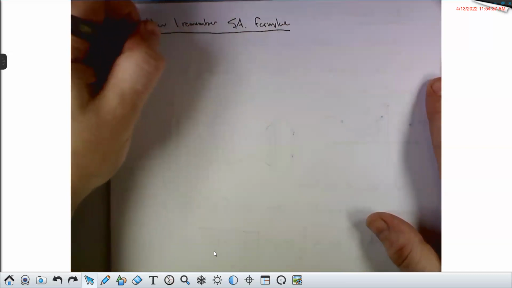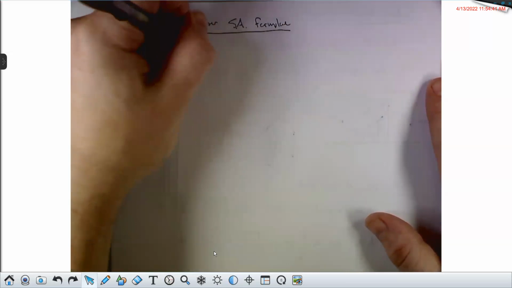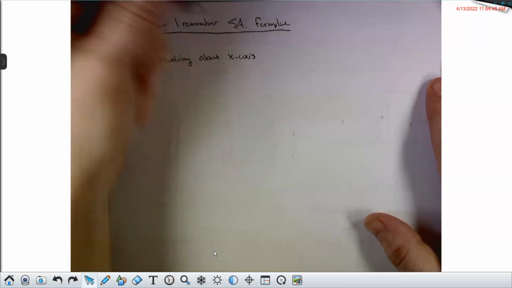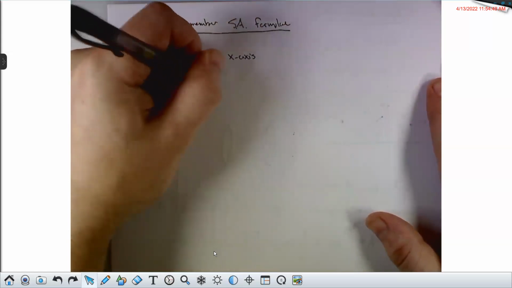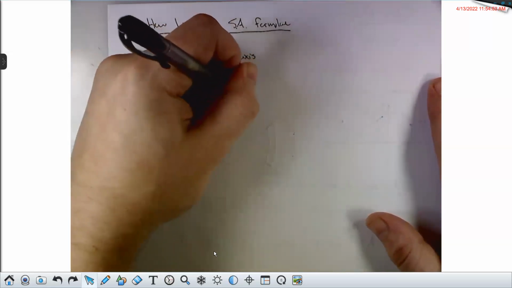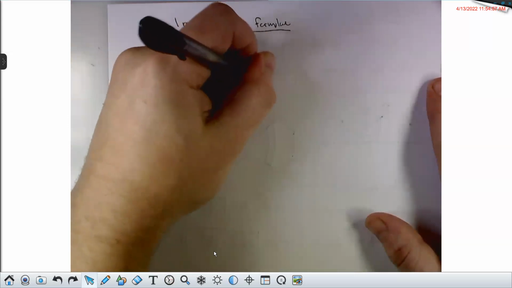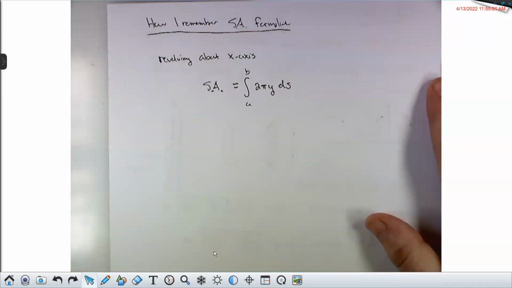If we're revolving about the x-axis, I think of the surface area as being the integral from t equals a to t equals b of 2 pi y ds.